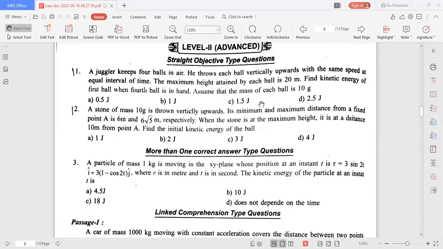In level 2, page number 276, problem number 1. A juggler keeps 4 balls in air. He throws each ball vertically upwards with the same speed at equal intervals of time. The maximum height attained by each ball is 20 meters. Find the kinetic energy of the first ball when the fourth ball is in hand. Assume that the mass of each ball is 10 gram.